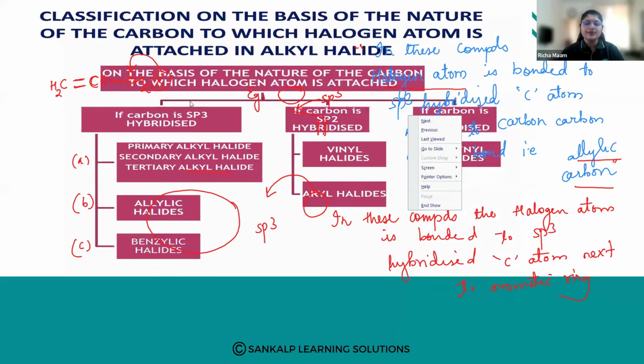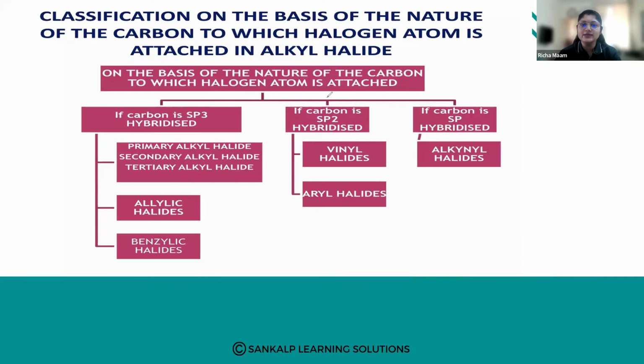So next is compounds containing sp2 hybridized atom, that is the C-X bond, sp2 C-X bond. It means the halogen atom is attached to a carbon which is part of a carbon-carbon double bond.